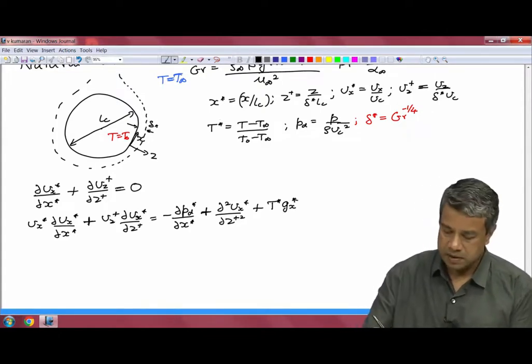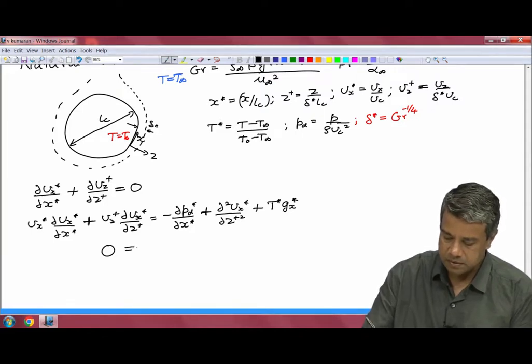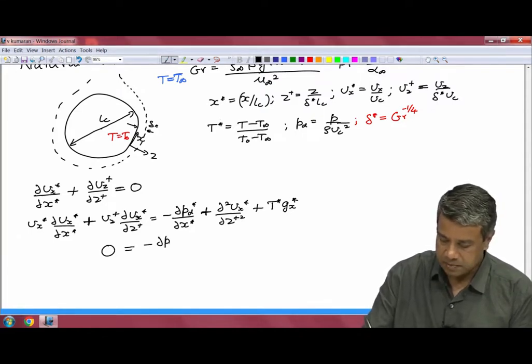In the cross stream direction, the conservation equation was simply 0 is equal to minus partial p by partial z.